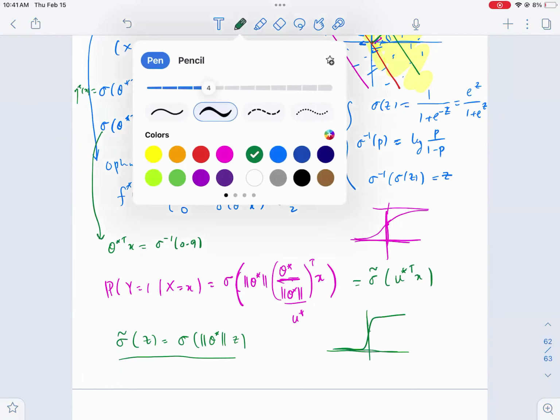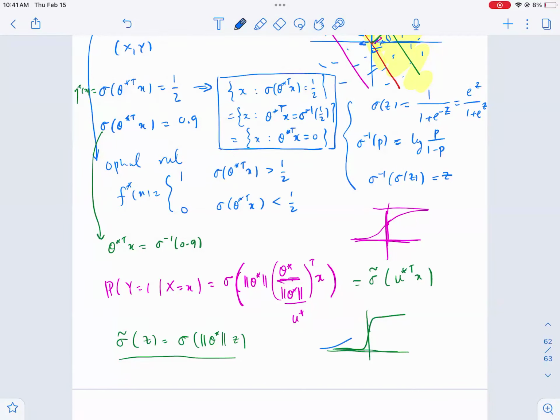If the norm is very small, it's going to do this. So this is sigma tilde: norm of theta star small, norm of theta star large.